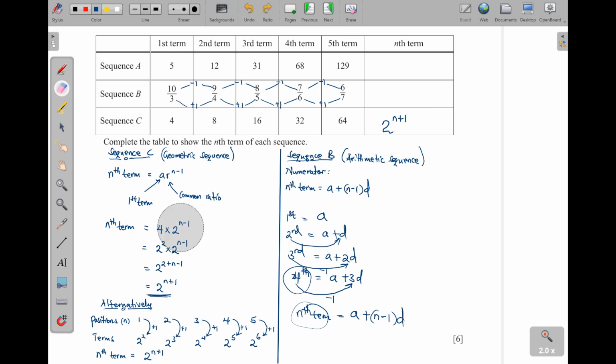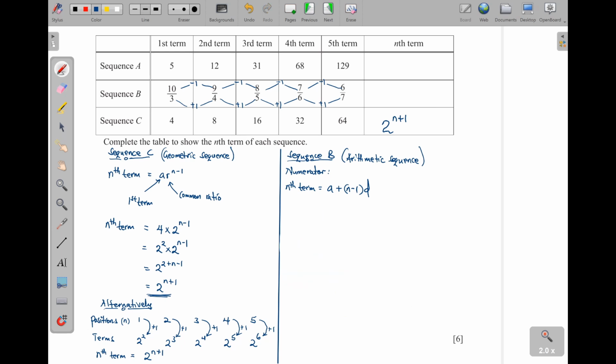Now, the nth term. So a here is the first term, then d is the common difference. So for the numerator, we are going to have our a, the first one, that is 10, then plus (n minus 1).